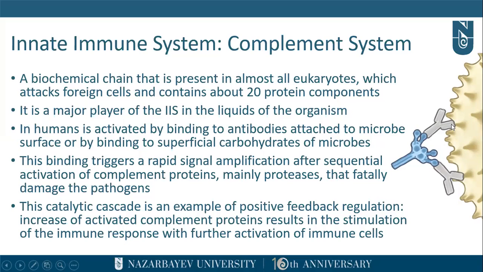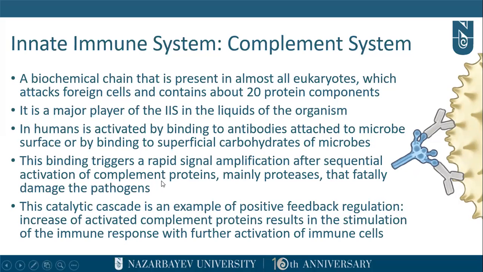The antibody recognizes the antigen which is presented on the cell that has digested the microorganisms or virus. And here are the complements, different types of proteins that will bind to these specific antibodies, and they will trigger a cascade of sequential reactions to kill that specific cell which has been infected.